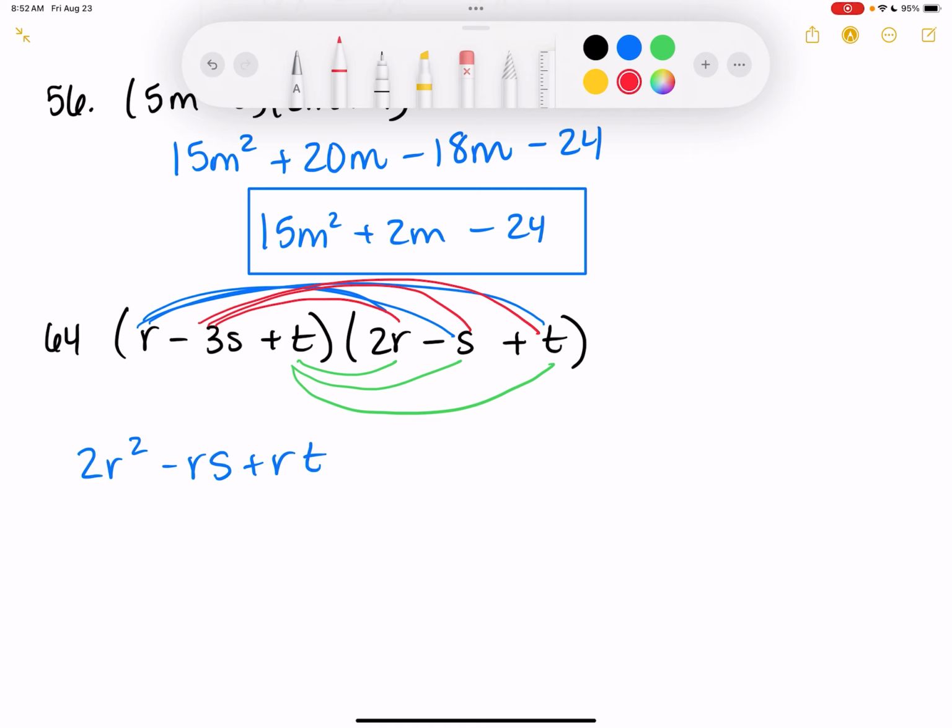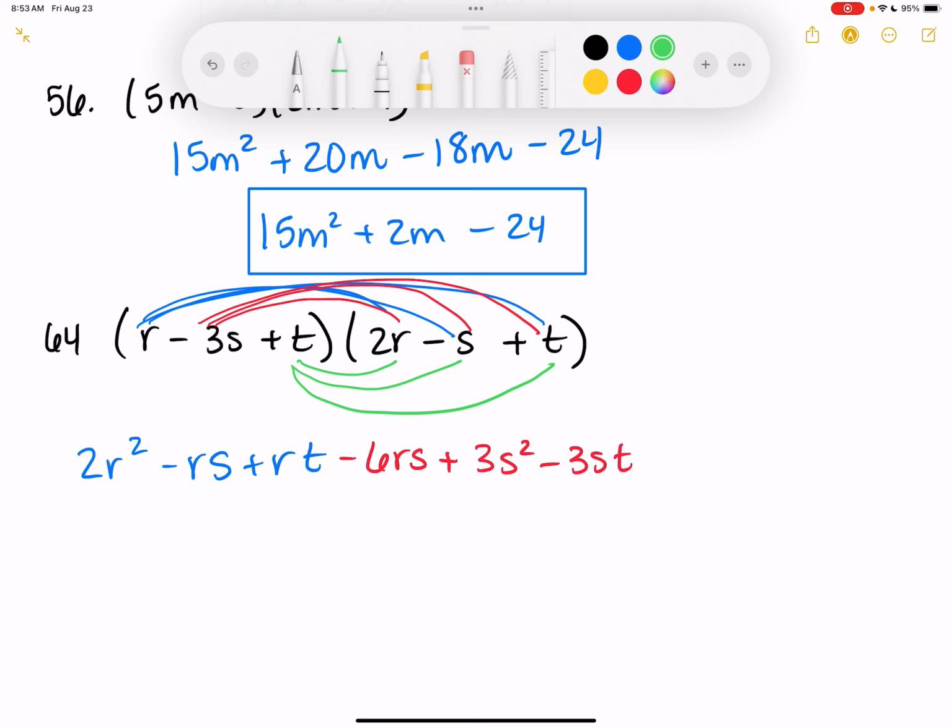So then now the negative 3s times each thing gives me a negative 6. And notice, if I did it left to right, it would be sr, but I want rs because when I combine like terms, it's easier to see if everything's the same. So negative 6rs, then a negative and a negative, so positive 3s squared, and then negative 3s times t, so negative 3st.